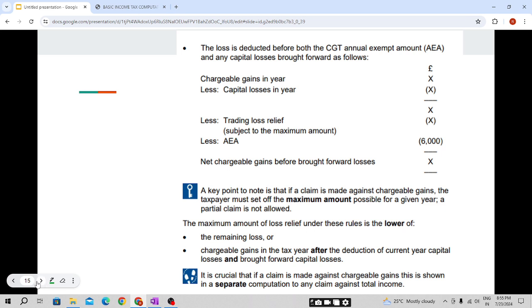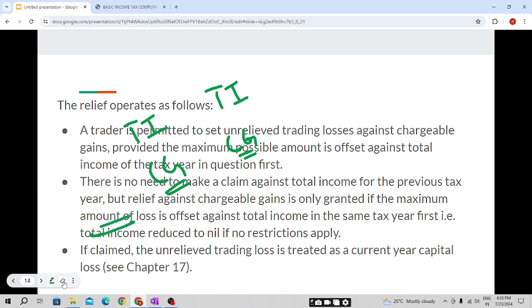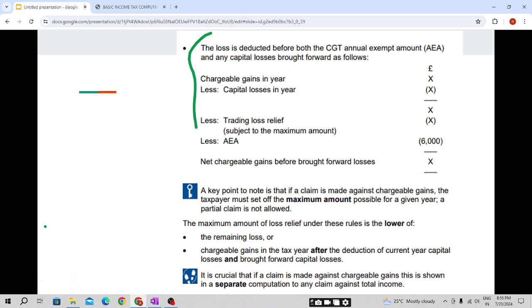So now students, we will be studying the maximum amount. How? The maximum amount which we can set off against the chargeable gains. This is a format which we will be learning in more detail under the capital gains tax, but we need to learn here the basic format so that we can have a basic idea what is the maximum amount which we can claim against the chargeable gains.